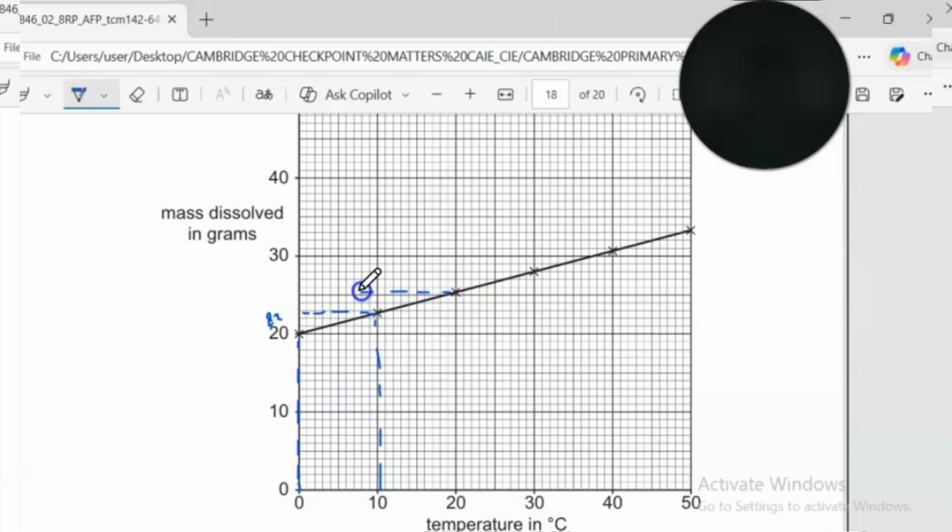Let me trace this to the mass. So at 20, 21, 22, 23, 24, 25, 26, 27.